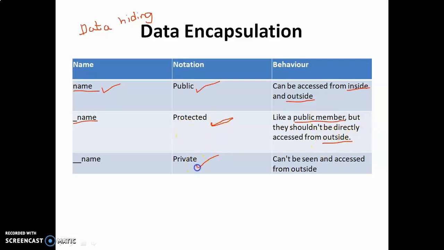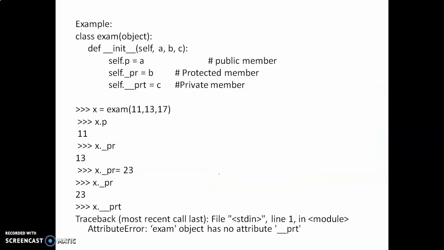We can access the protected member. And if it is a private member, we need to give two underscore symbols preceding the variable name, and it cannot be accessed outside of the class. That is, these variables are not visible outside of a class. This is the example for data encapsulation.